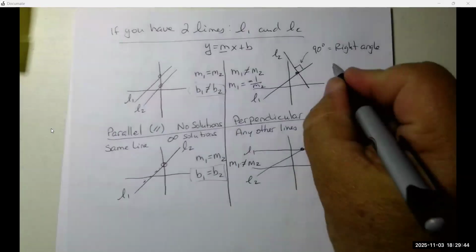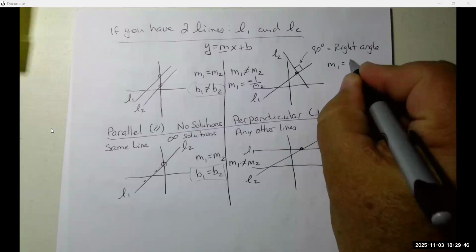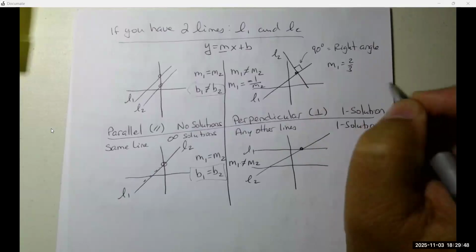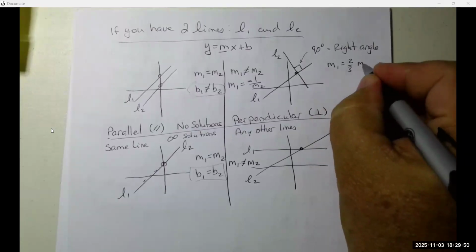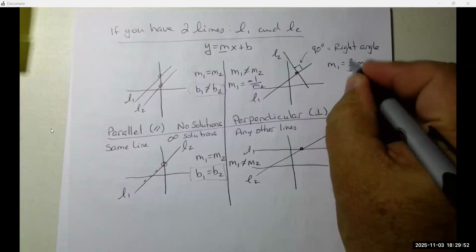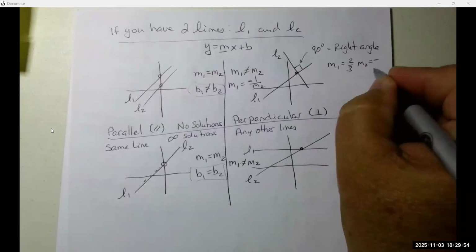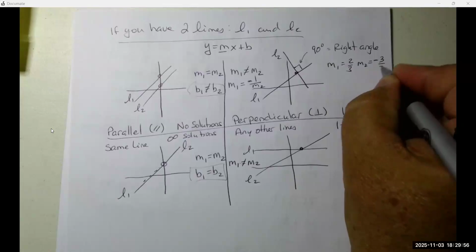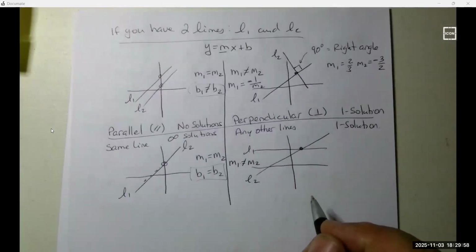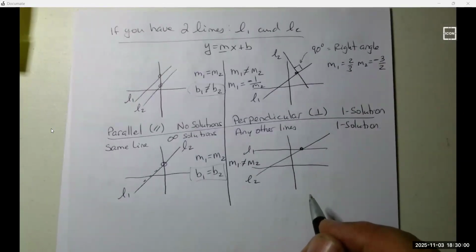So what does that mean? If line 1 had a slope of 2/3, that means line 2 has to be opposite sign, it's negative, and flip that one, 3/2. That's what that means.